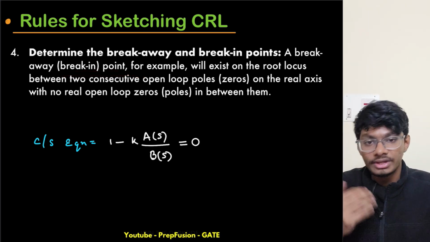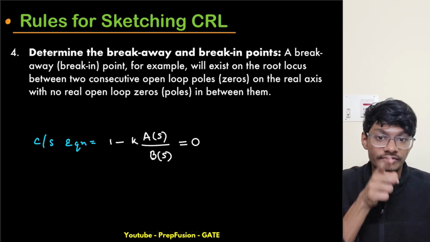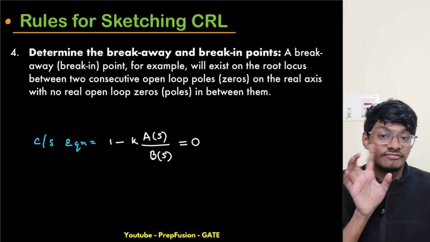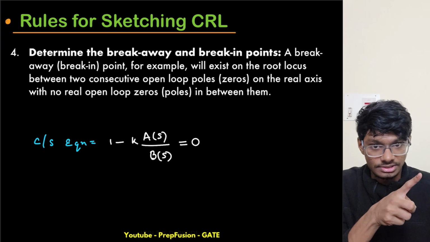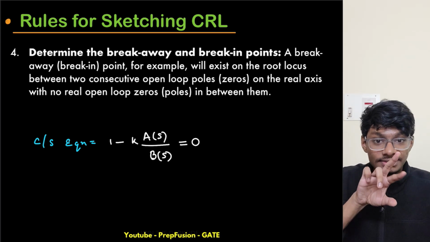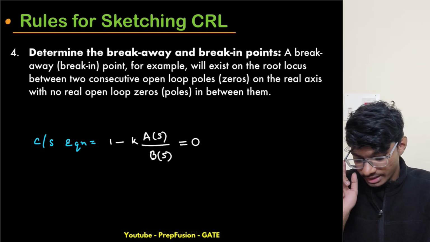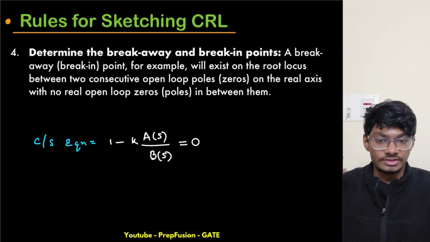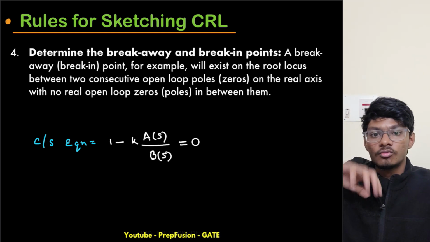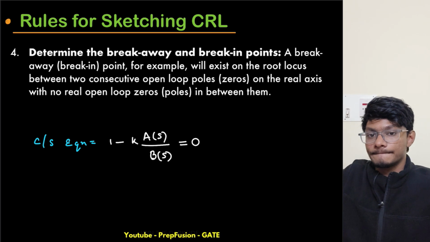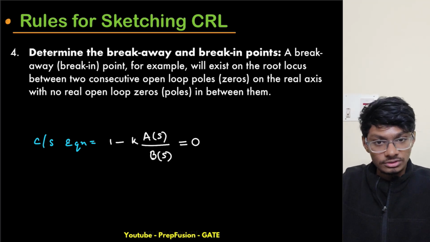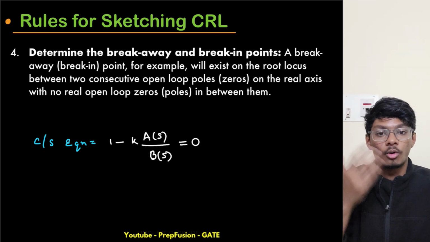So breakaway and break-in points will remain the same, but the values of k will change, and the valid breakaway and break-in points will change, because they will be just the inverse of that. So what I can write is that they will be the complementary of the previous one, because whatever was present on the real axis in my normal root locus will be complementary in the real axis.